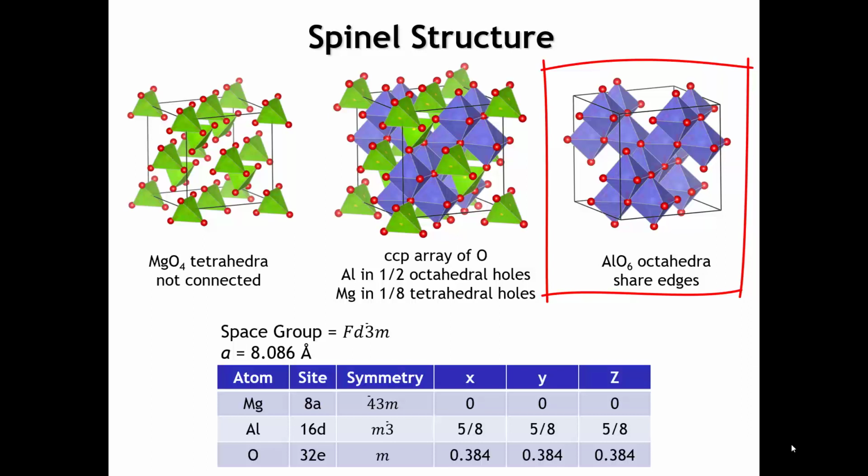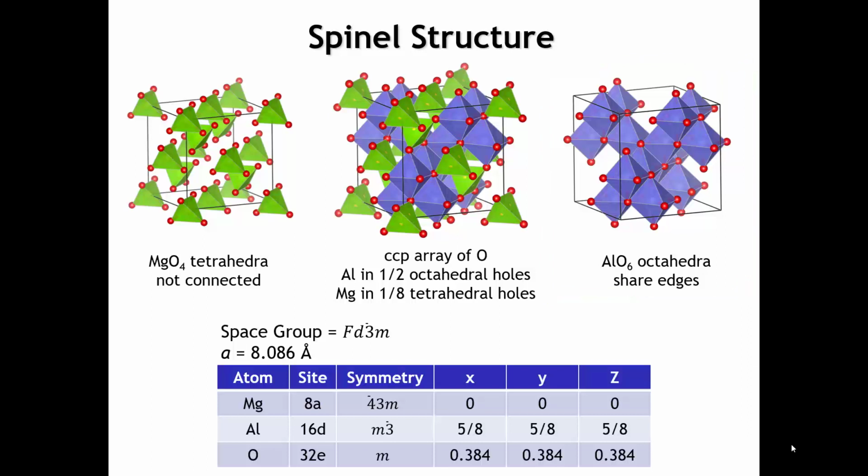Remember that if we filled all of the octahedral holes, we would have the rock salt structure, which would have all of its edges shared. In Spinel, not all of the edges of each octahedron are shared, but we still get this network of edge-sharing octahedra. You can see from the site symmetries, 4̄3m, that is the perfect symmetry for a tetrahedron, so the magnesium atom anyway is on a site that has perfect tetrahedral symmetry.